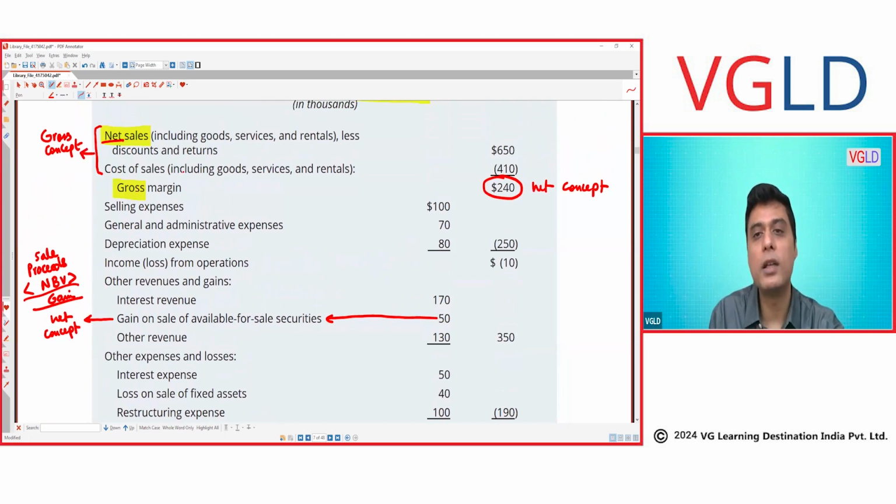So gross margin, although it's a net amount, is tricky actually. It's a net amount, but it falls under the gross concept. So all your revenues and expenses fall under the gross concept.